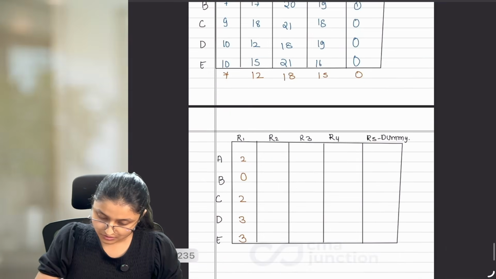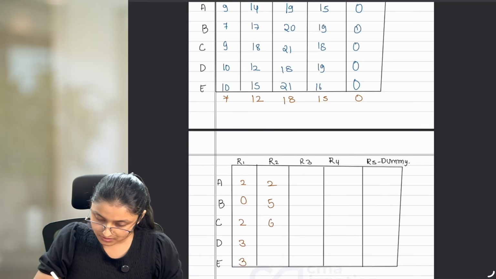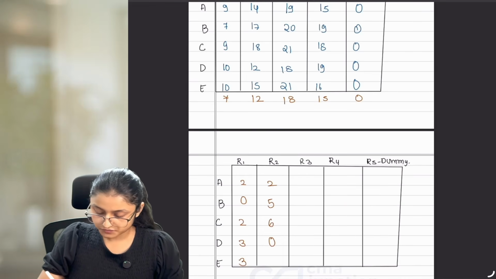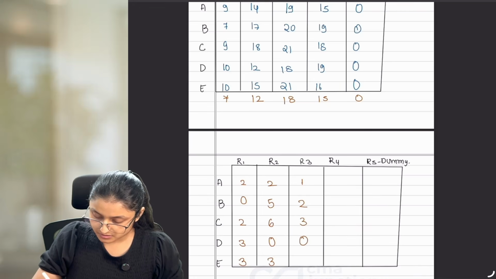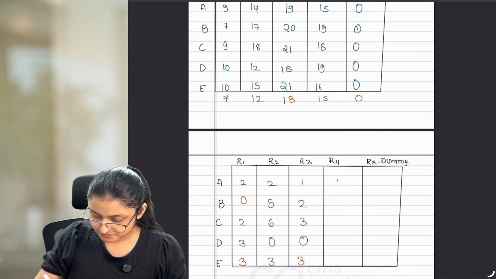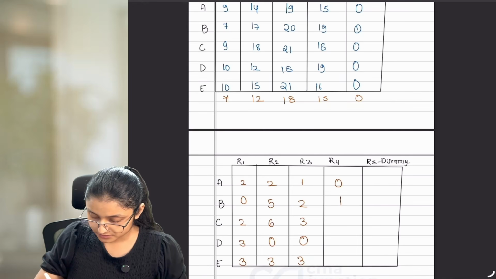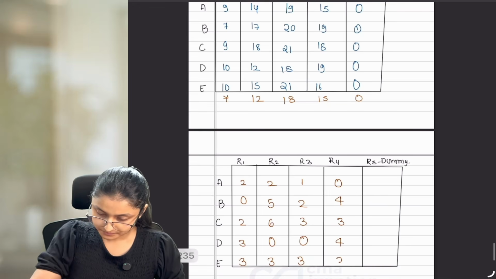Okay? Next, 14 minus 12 is 2, 17 minus 12 is 5, 18 minus 12 is 6, 12 minus 12 is 0, 15 minus 12 is 3, 19 minus 18 is 1, 20 minus 18 is 2, 21 minus 18 is 3, 18 minus 18 is 0, 18 minus 21 is 3, 15 minus 15 is 0, 19 minus 15 is 4, 18 minus 15 is 3, 4 and 1.